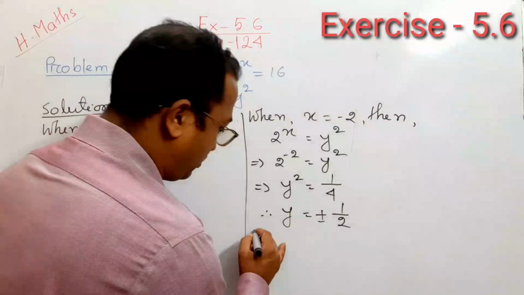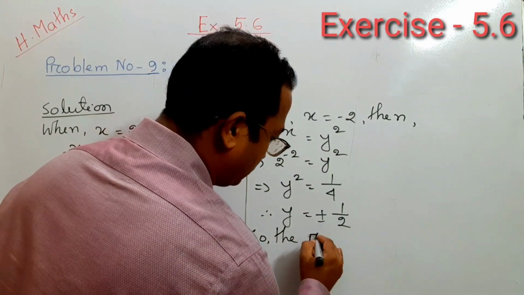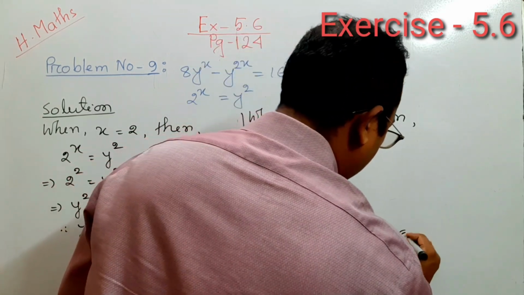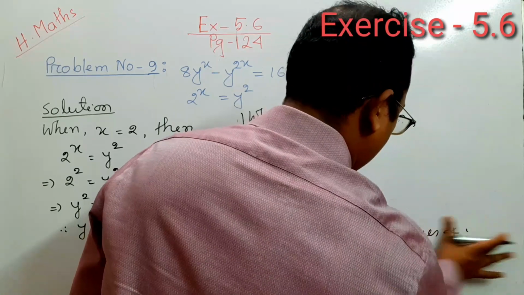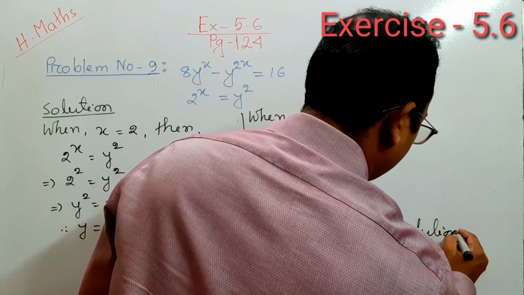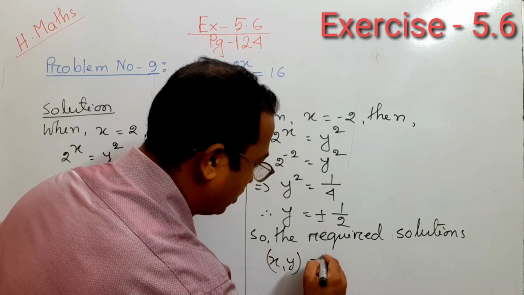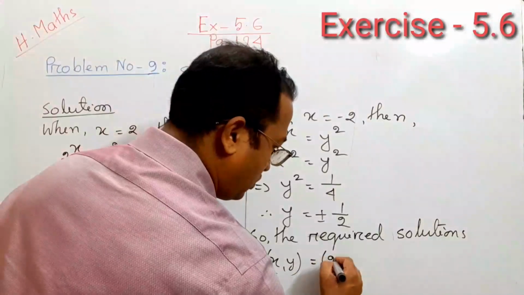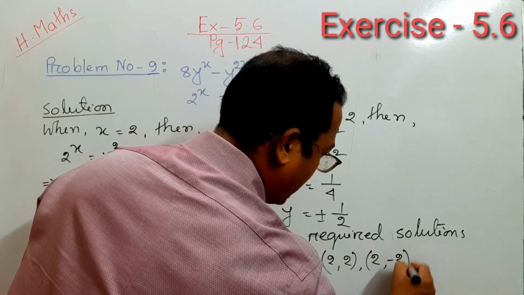So the required solution values of x and y: when the value of x equal to 2, the value of y equal to 2 and minus 2.